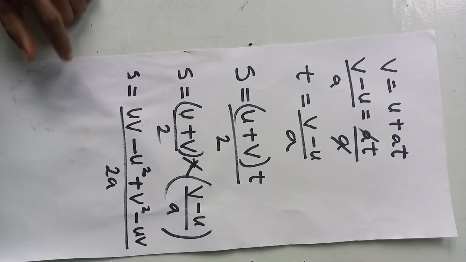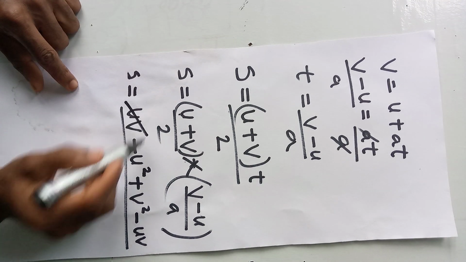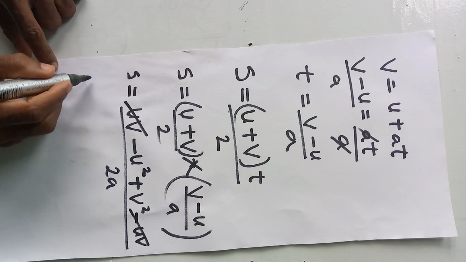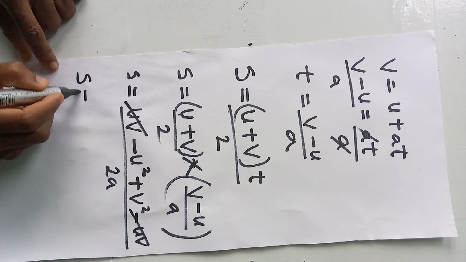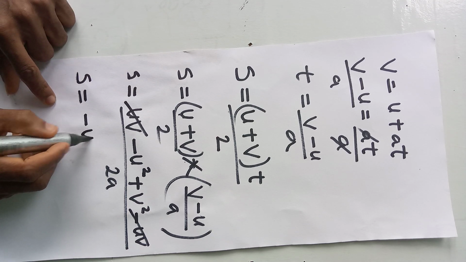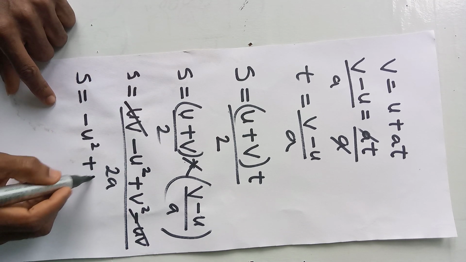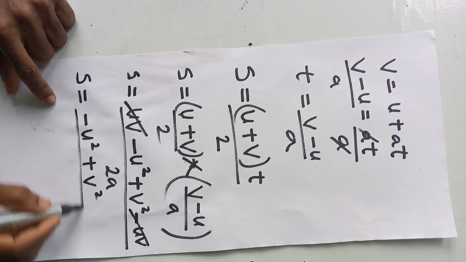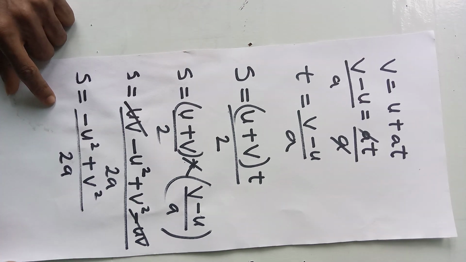Okay, now at this point, this will go out with this. So we have that distance is equal to minus U squared plus V squared all over 2A.